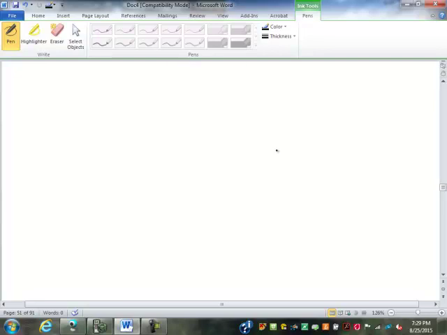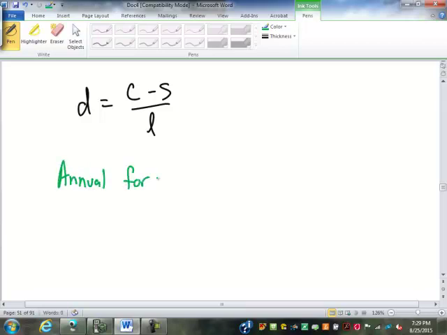So anyway, let's look at another application. We talked about straight line depreciation, where the amount of depreciation is equal to cost minus the scrap value over the life of the item. So let's say that the annual depreciation for an item is $7,000.